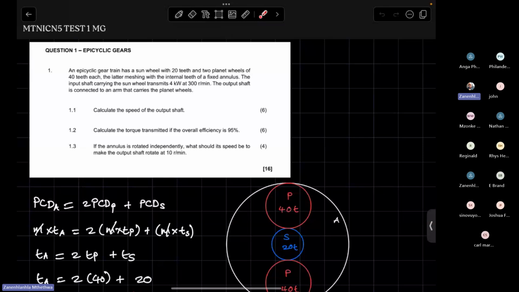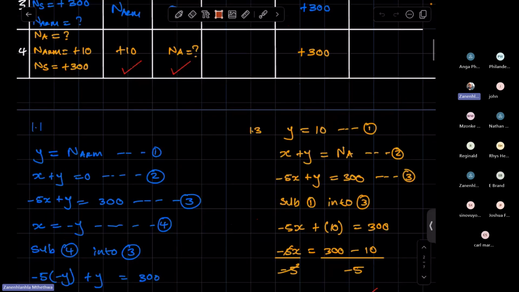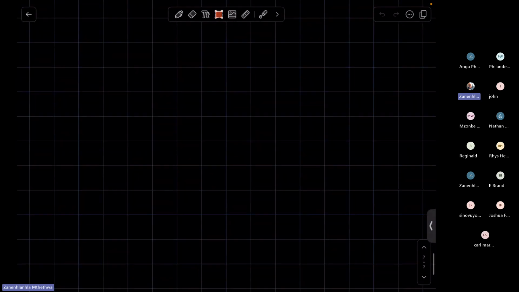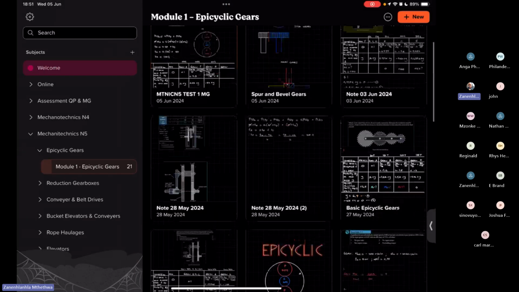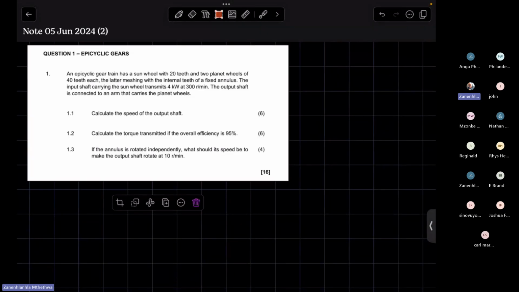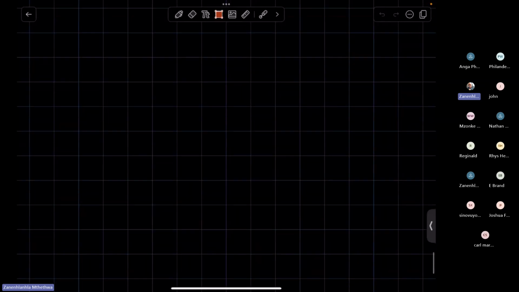Right, let's look at this one. All right, so let us look at this case. For this one, we are only going to look at 1.1, for now.